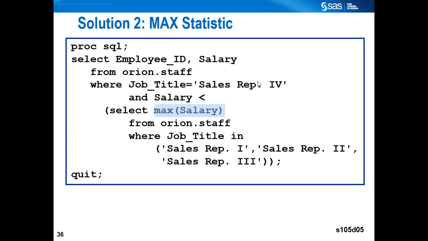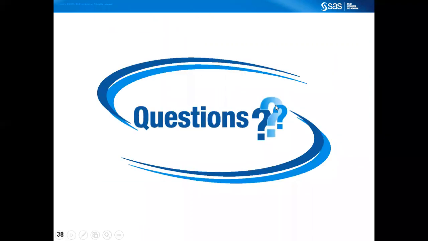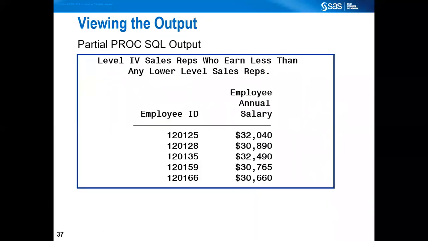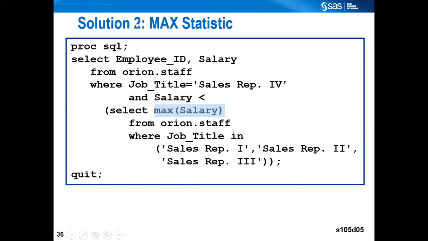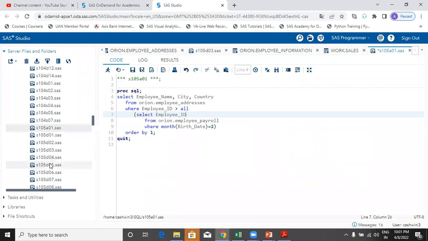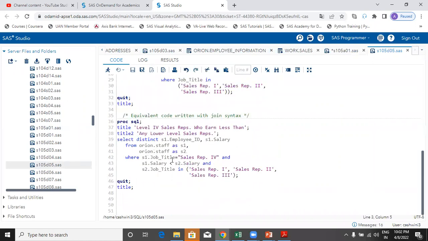Yes, I'm trying to understand the second one. They gave three options, multiple options: equivalent code written with join syntax. Okay, so let's see this demo. Three ways we can do it there. This is with less than any. Then equivalent code written with join syntax.